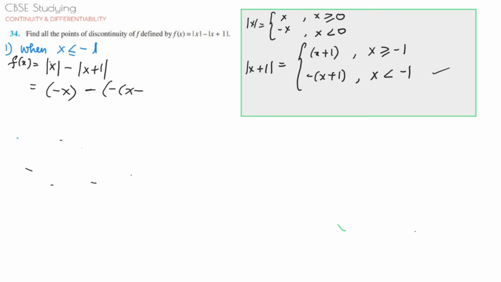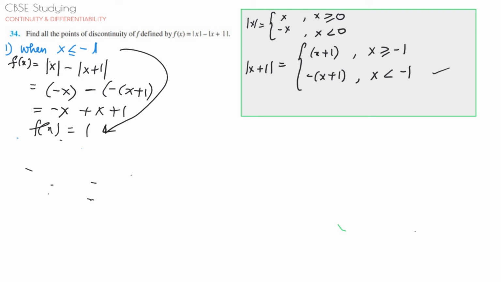So write it down like this. Open the bracket, minus x, and this minus and minus sign goes away. It becomes plus x plus 1. So you get f of x is equal to 1.